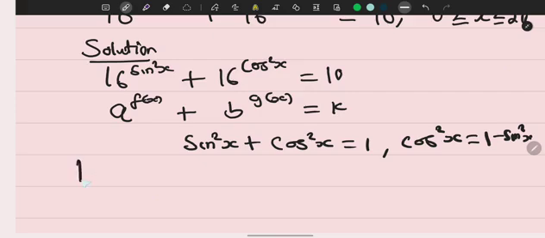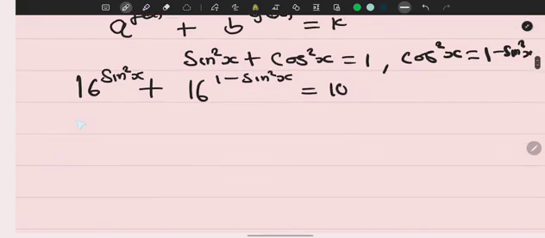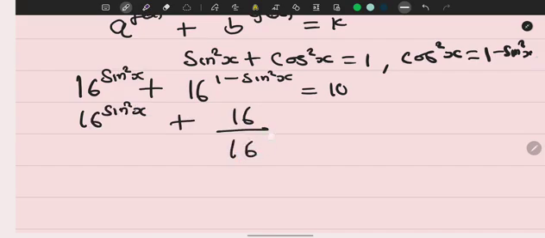So the equation becomes 16 raised to the power of sine squared x plus 16 to the power of 1 minus sine squared x equals 10. Alright, and we could write this as 16 to the power of sine squared x plus 16 over 16 to the power of sine squared x equals 10.